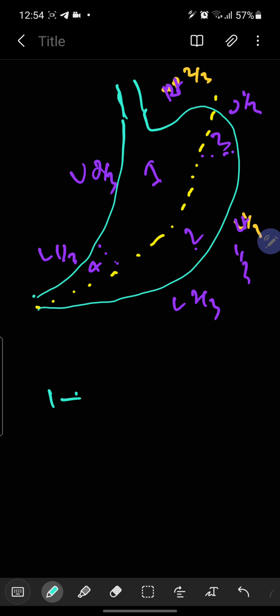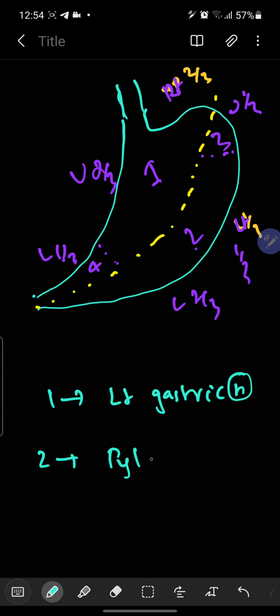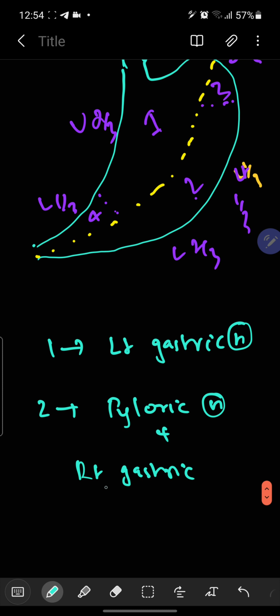From the first region, it will be draining into left gastric node. From the second region, it will be draining into pyloric node plus right gastro-epiploic node.